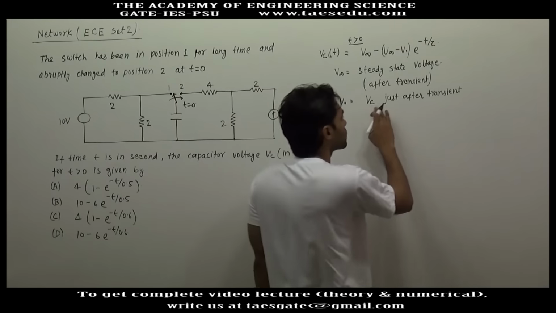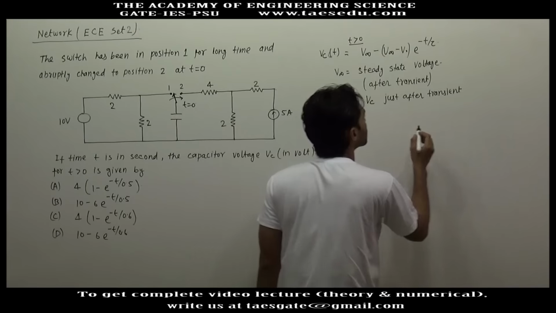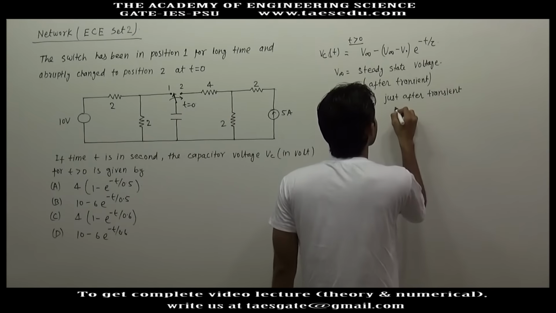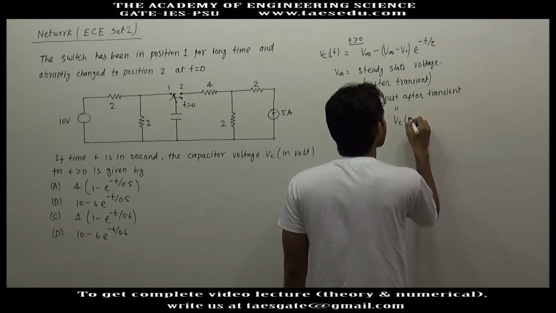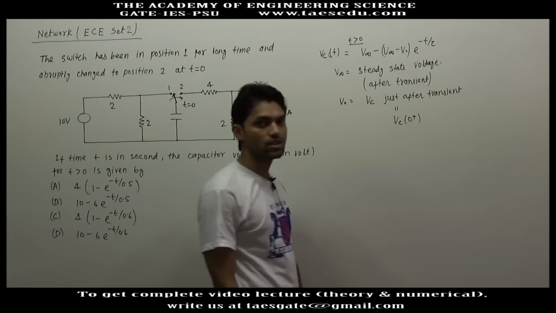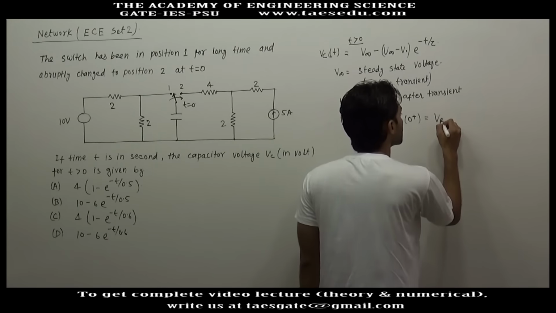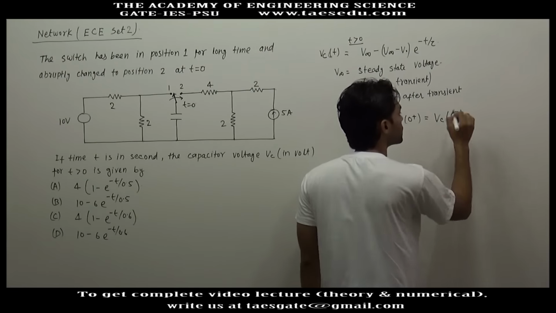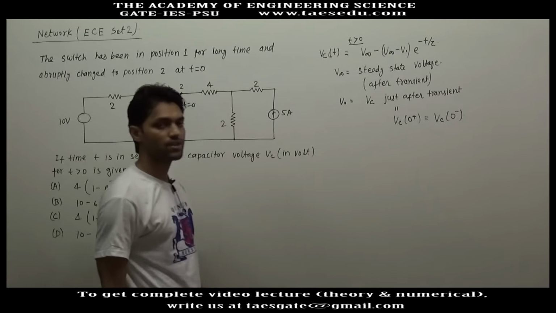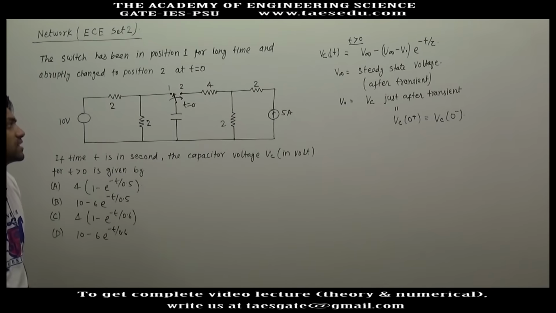So capacitor voltage just after transient, that is Vc(0+), because at t equal to 0 transient has occurred, will be equal to the voltage just before the transient, because capacitor voltage cannot change instantaneously.